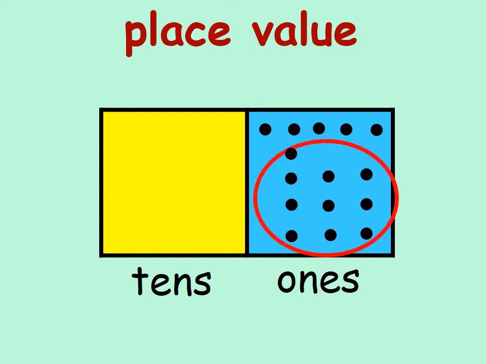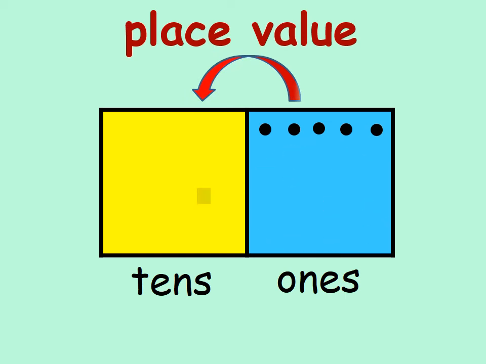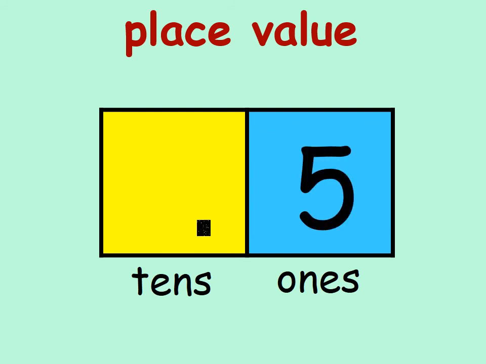Yes, we can. There's 10. And let's move them over here. Let's get rid of them from the 1s. And that gives us 1 ten. How many 1s do we have? 1, 2, 3, 4, 5. There's 5. How many 10s? 1. There's our number again, 15.